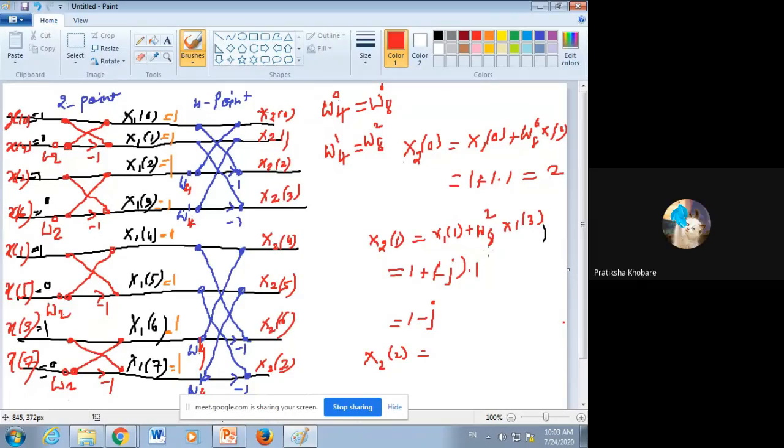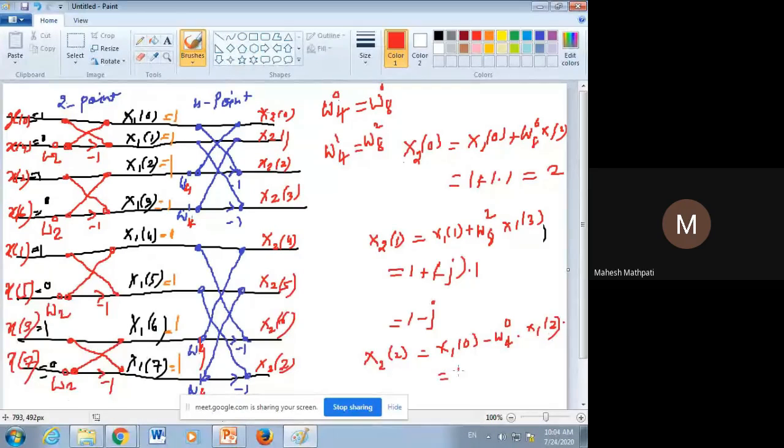What we can write? x1 of 0 minus omega 4 raised to 0, multiplied by what again? x1 of 2.